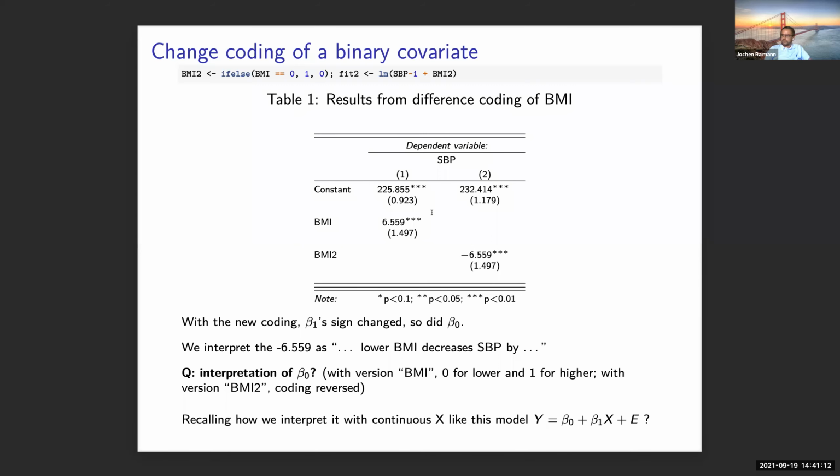Now we're recoding this so that low BMI is now becoming 1. So we have 225.855 plus 6.6. If there's high BMI present, we're increasing blood pressure by 6.6 millimeter Hg.